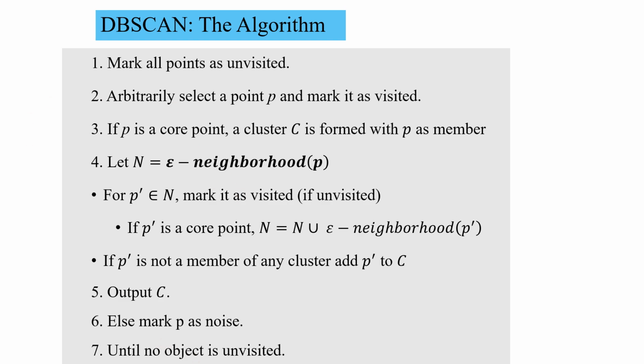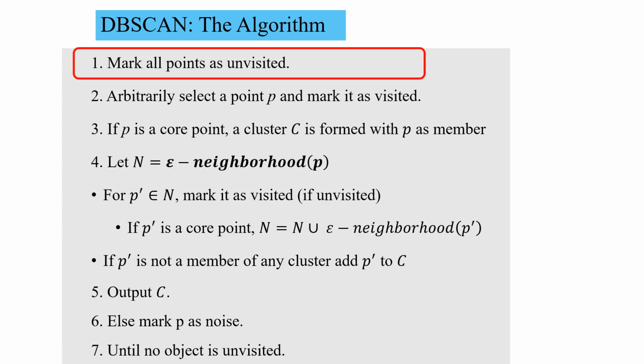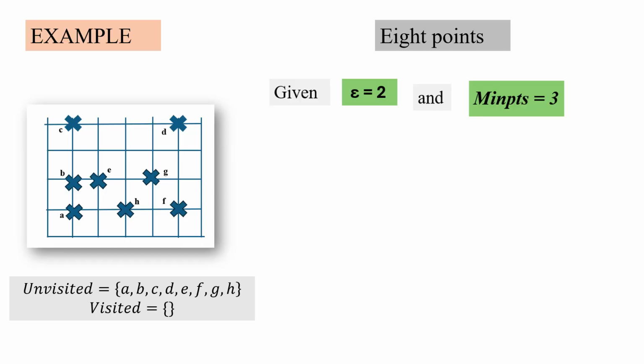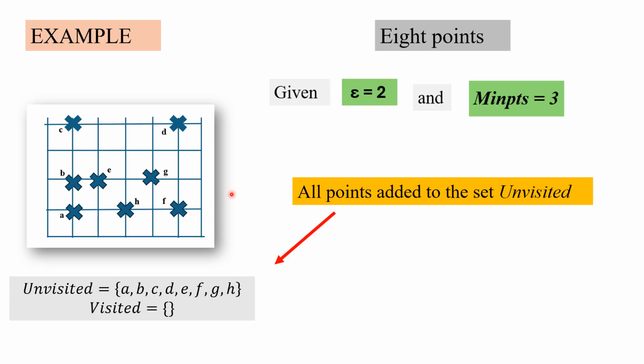Okay, so let us start to go through the algorithm step by step with an example. So we have an example. We have our points A, B, C, D, E, F, G, H. See, all these points are marked as unvisited, and we have epsilon equal to 2 and min points 3.